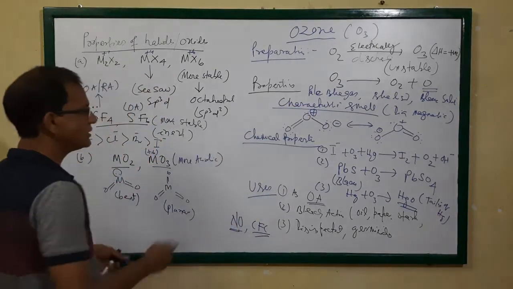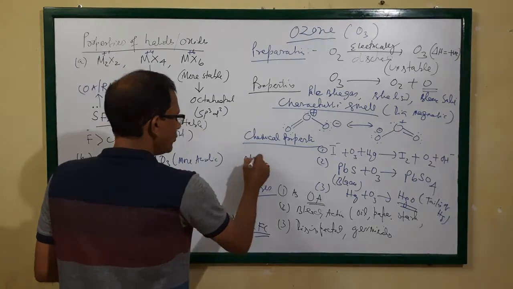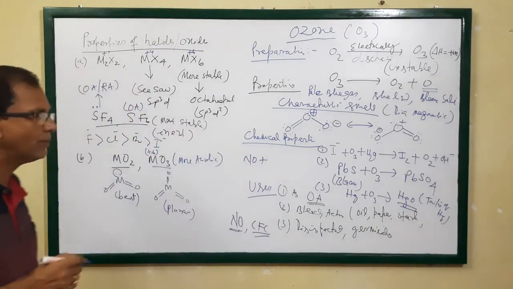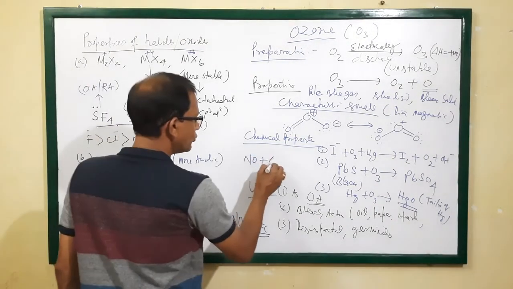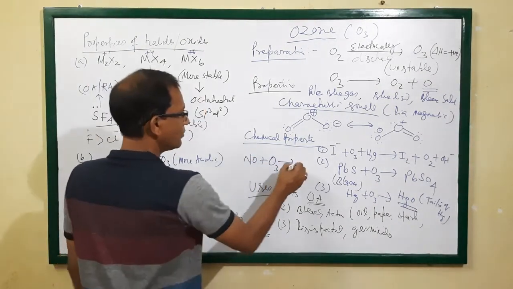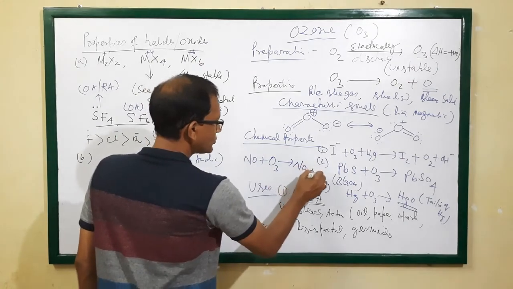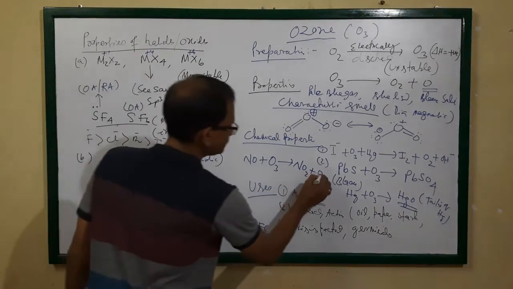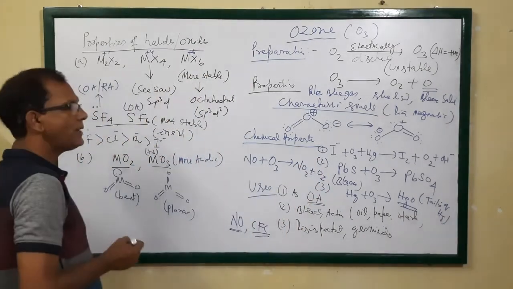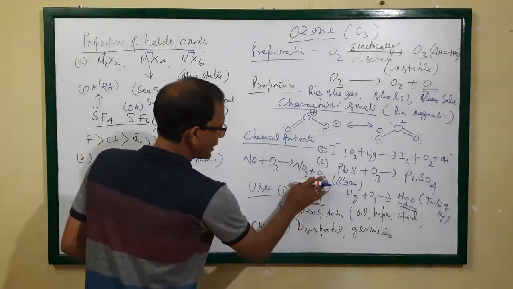If you write the reaction, this NO is produced from vehicles during combustion. So NO plus O3 react to produce NO2 plus oxygen, and you write also atomic oxygen.